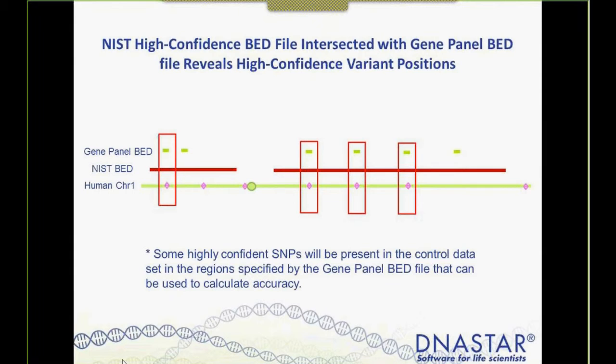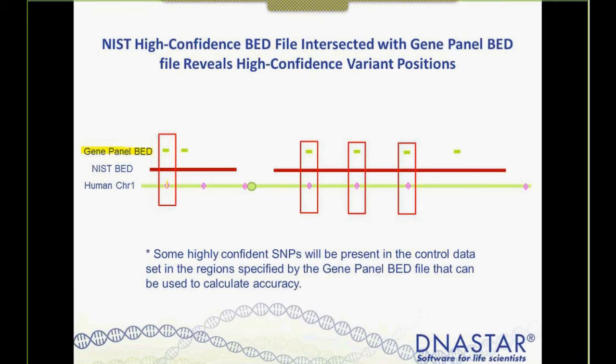So here's another way to show how we can use those high confidence areas from the Genome in a Bottle Consortium and find where they overlap, say, a gene panel. So this top range right here, the gene panel bed, you can see there's just a few little green tick marks. So it's a few genes that were targeted on this chromosome. Then we have the NIST bed file, which is about 90% of the chromosome, represented by the red line.